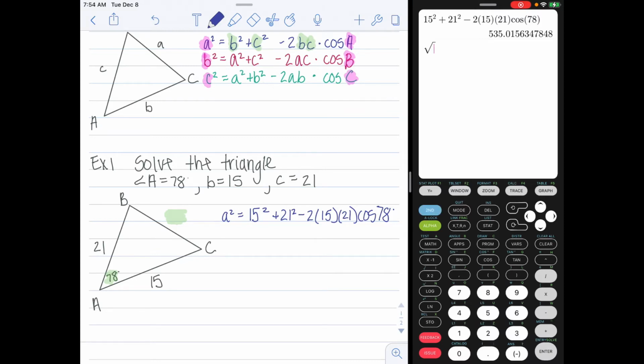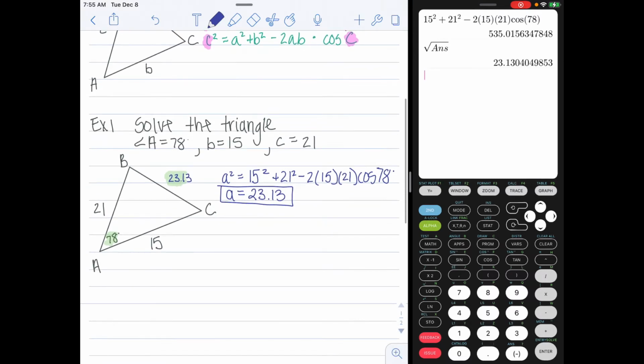So second, put my answer in there, and I got my side. So A is approximately 23.13 in length. Plug that guy into my diagram. All right.